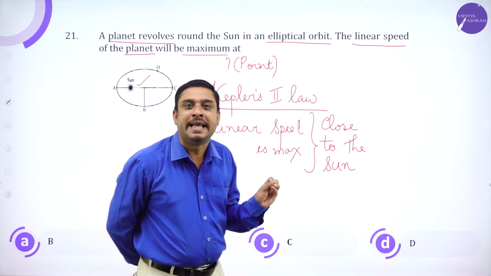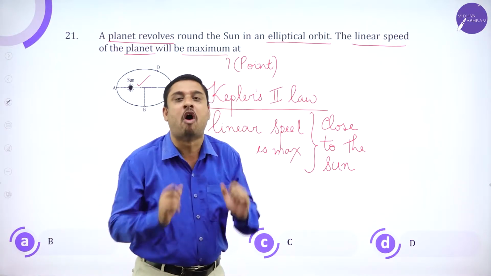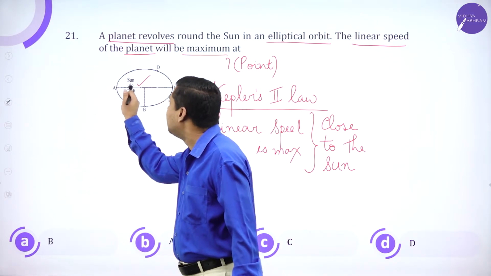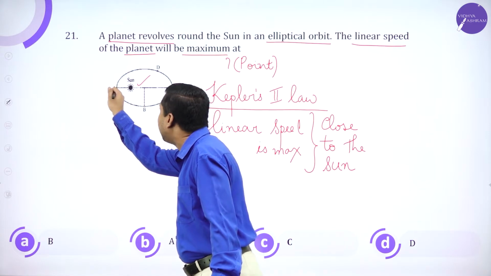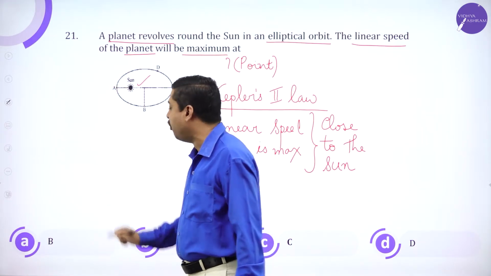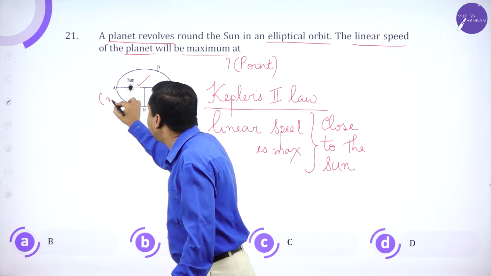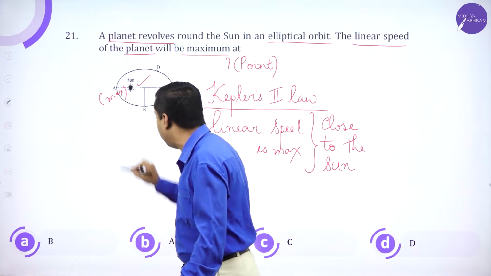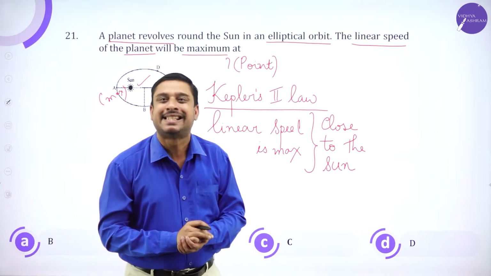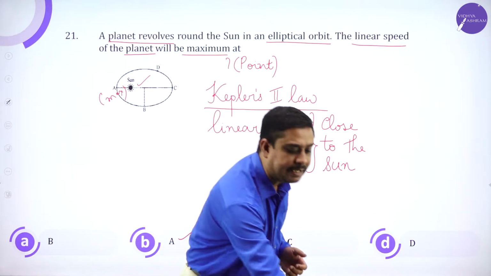Distance between the planet and the sun has to be small, has to be minimum. For which point? You observe the point A, very close to the sun. Therefore, the linear speed of the planet is maximum at the point A. So the second option, point A, is the correct answer.